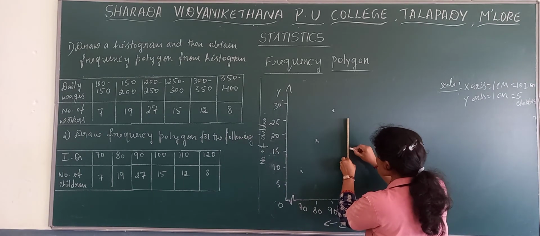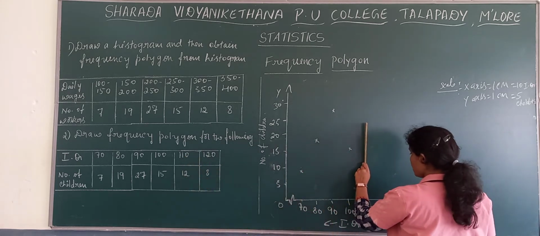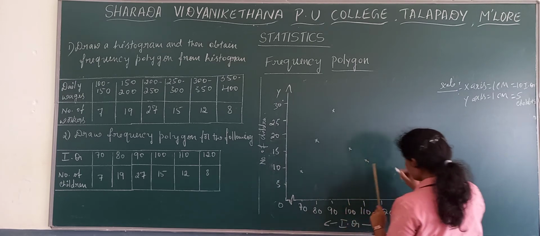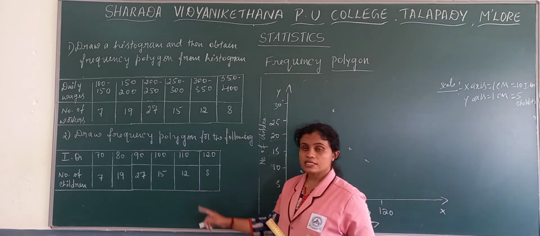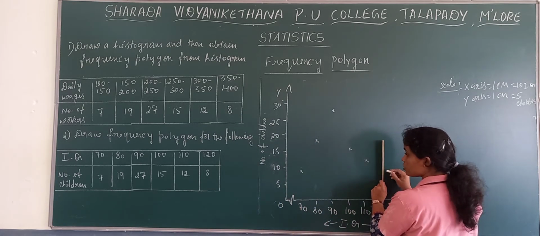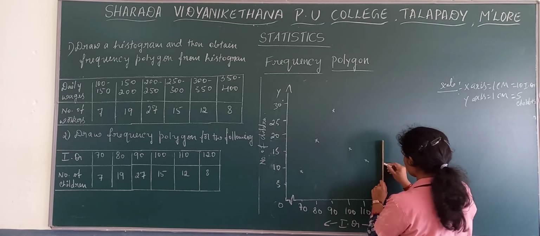Where 15 comes, here it is 15. Then 110, it is 12. Then 120, it is 8. First one it was 7, then it is 8.